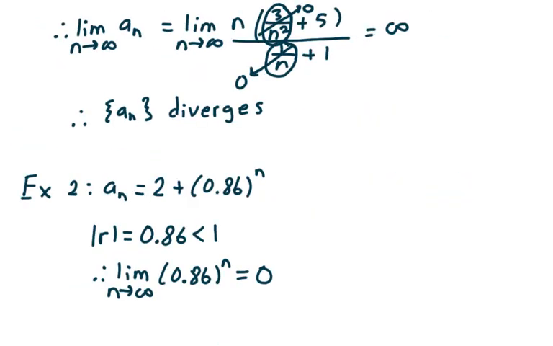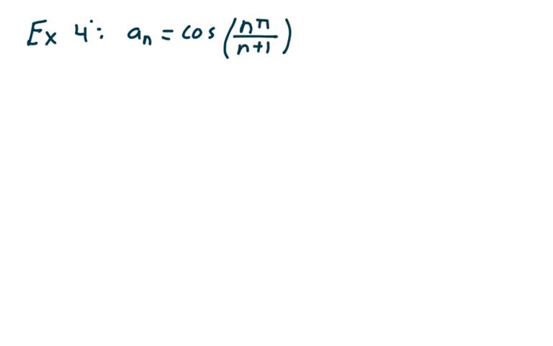Let's go ahead and take a look at this one. So we're going to call this example 4. So a sub n is cosine of n pi divided by n plus 1. Okay.